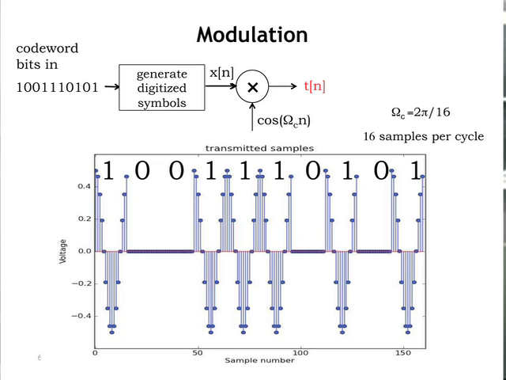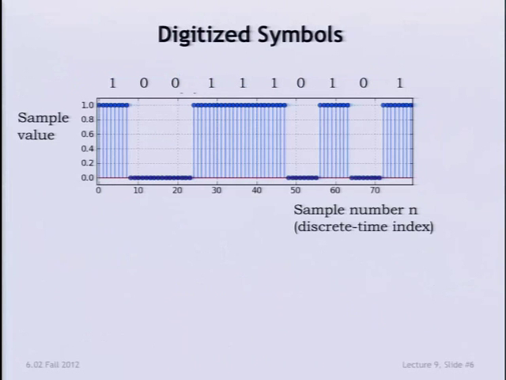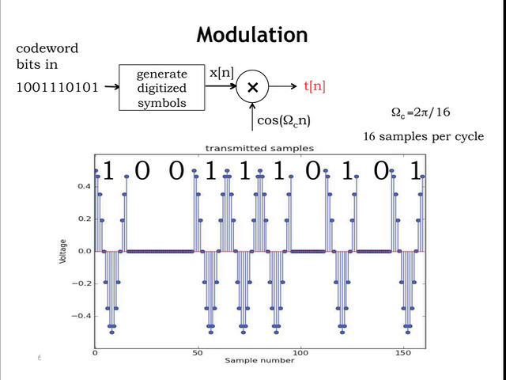And so this is what it looks like. This is for the specific case of the x of n I showed earlier. So let me flip back to show you that. This one. OK, so we're taking this waveform and multiplying it by a cosine. So what you're going to have is a burst of cosine and then 0, then a longer burst of cosine and then 0, and then a burst of cosine and then 0, and then a burst of cosine again. So that's what we're seeing here.